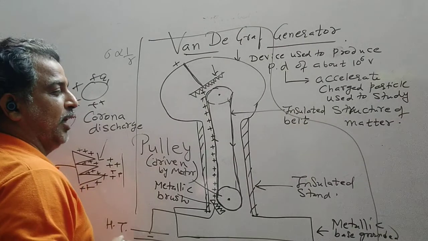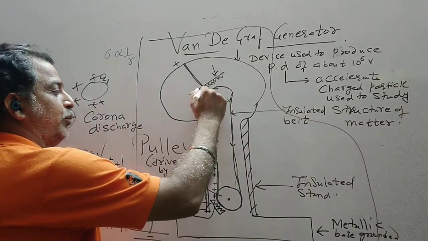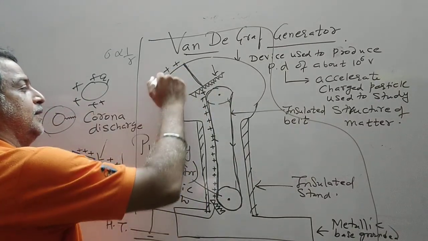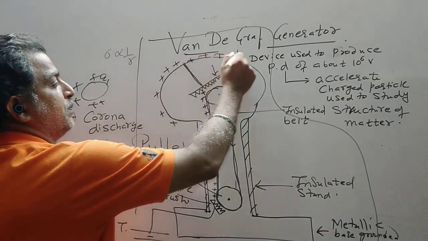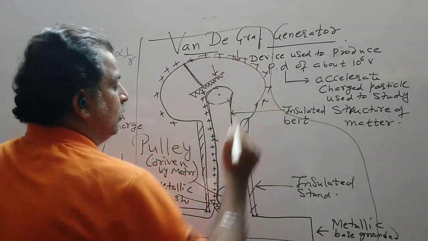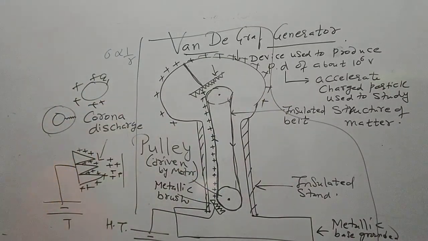And this positive charge is neutralized. Then the second positive charge comes, plus, plus, plus, plus, plus, like this. The potential of the outer sphere keeps on increasing because the electron will flow through the metallic brush.